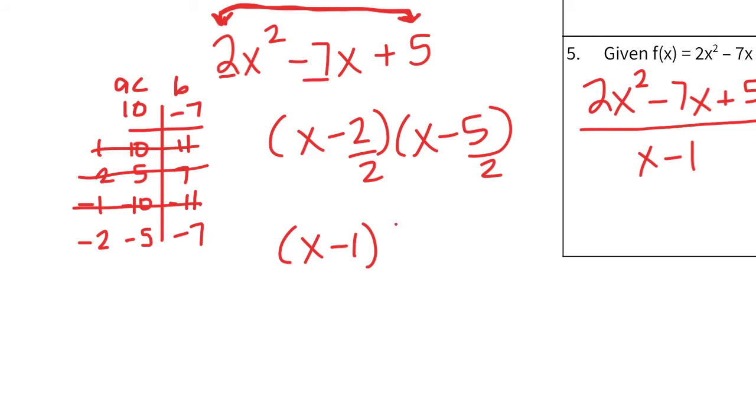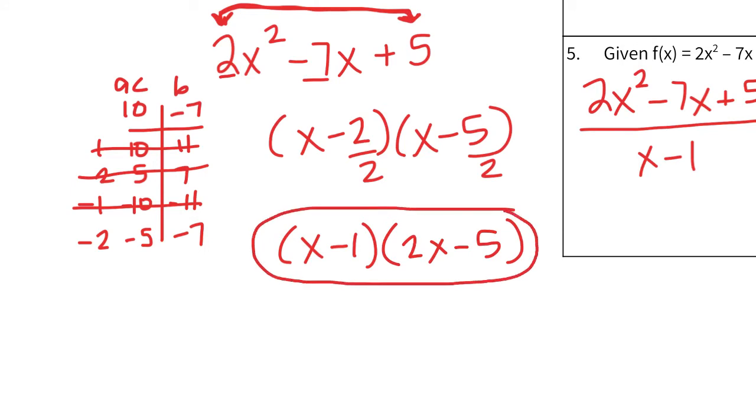This turns into 2x minus 5. This is not our answer yet, but it's going to help us. That's the factored form of the numerator, so basically that's f of x, but factored.